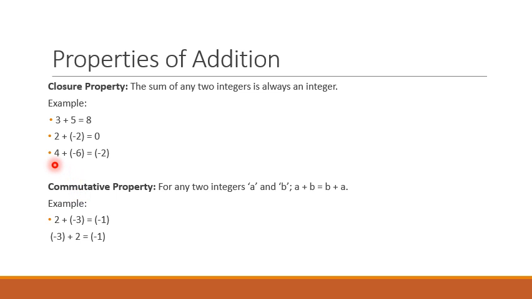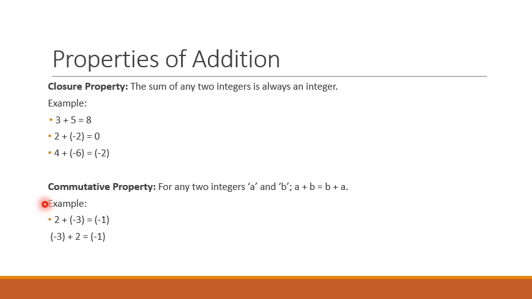Now if I am adding 4 and minus 6, the answer is minus 2, which is a negative integer. So in all the cases we have seen that the answer is always an integer. So this is the closure property of addition. If we add any two integers, the sum is always an integer.